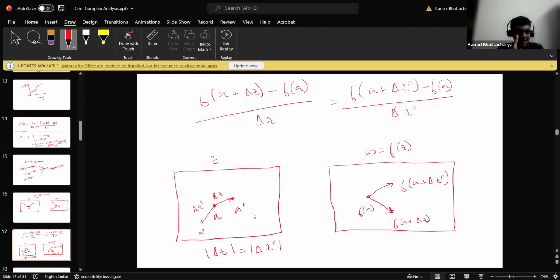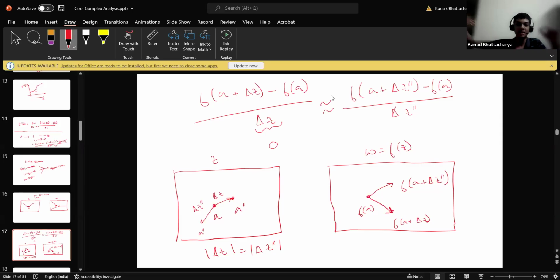Okay, right. That's a good thing that you pointed out. We are trying to send delta z equal to 0, right? So we are trying to make a dash and a double dash both come closer towards a. This should not be equal, this should be approximately. Just to be clear, I was not being that rigorous.